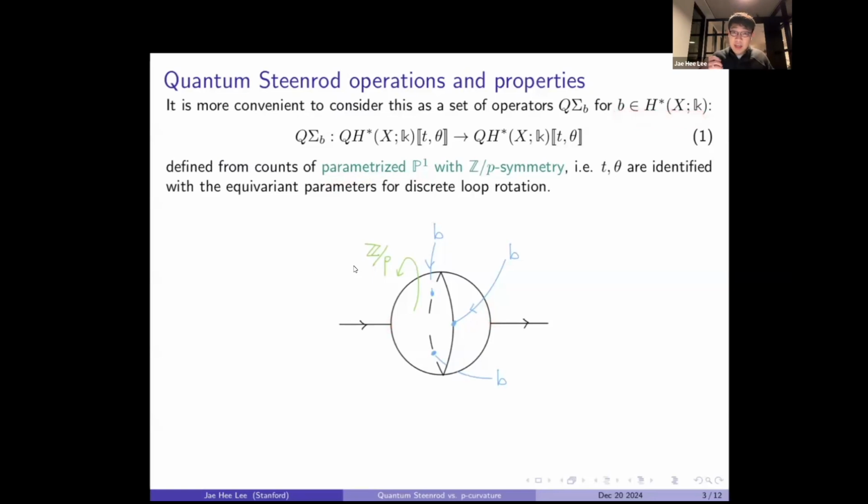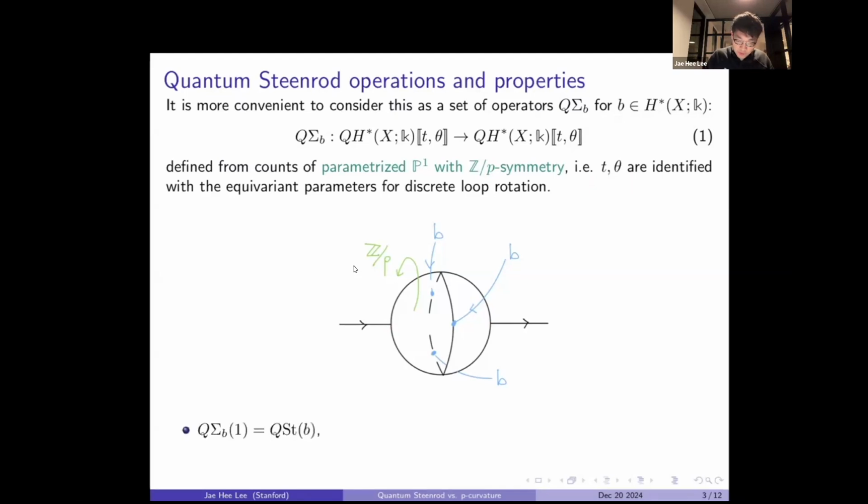So this curve has an obvious Z mod p symmetry given by a discretized version of the loop rotation, so you can rotate this curve. And that Z mod p symmetry is what's responsible for the appearance of these equivariant parameters t and theta in this construction.